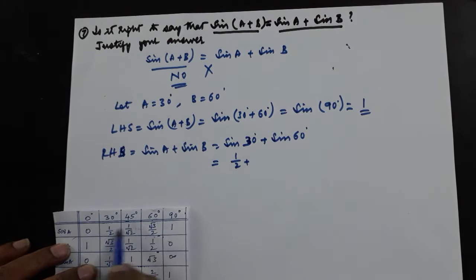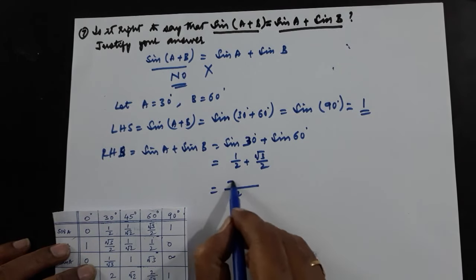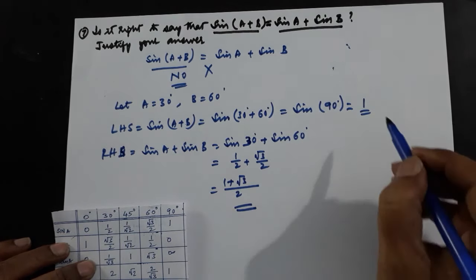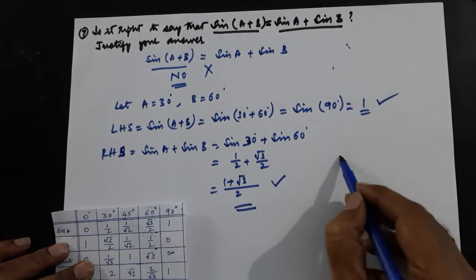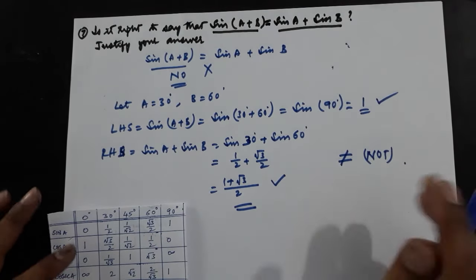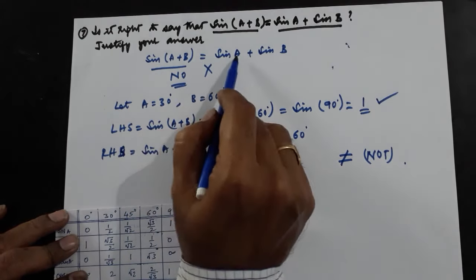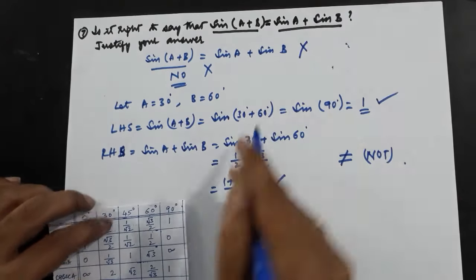Sin 60 is root 3 by 2. Taking the LCM 2, we get (1 + root 3) by 2. This value is (1 + root 3) by 2 and the LHS value is 1. So these two are not equal. Therefore, sin(A + B) is not equal to sin A + sin B. So we cannot write like this. This is wrong.